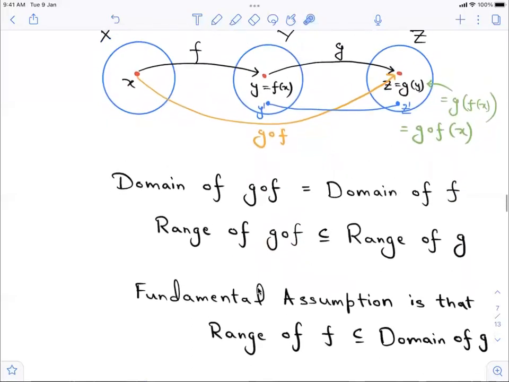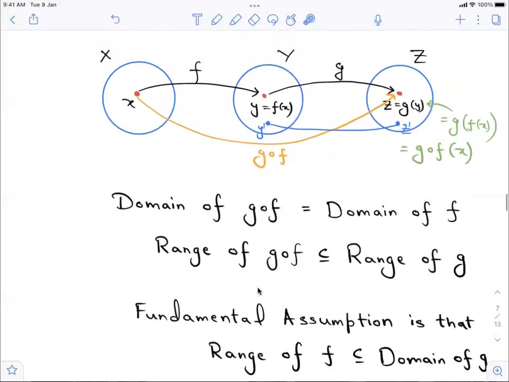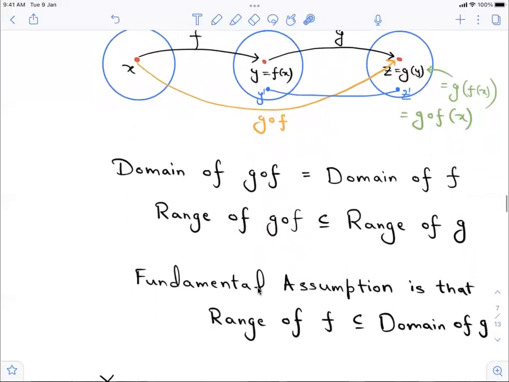Okay, so a thing that is not obvious from this picture is when this composition really makes sense. It makes sense when the range of f is contained in the domain of g.